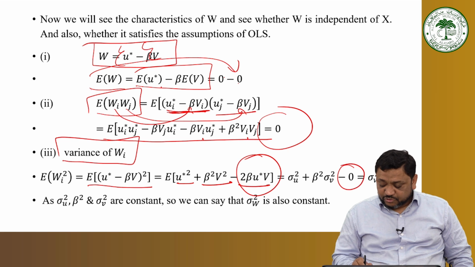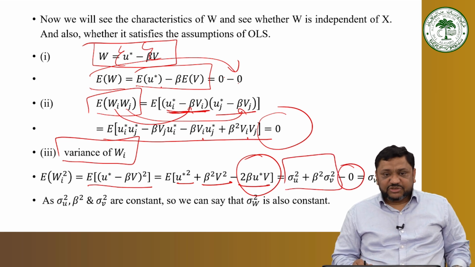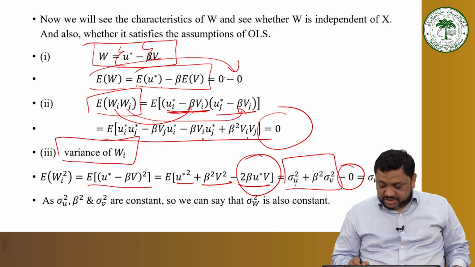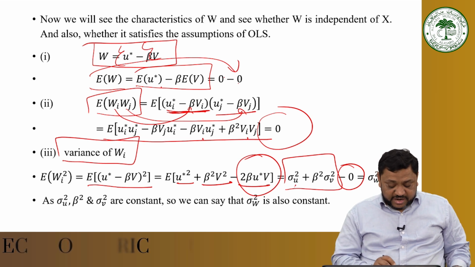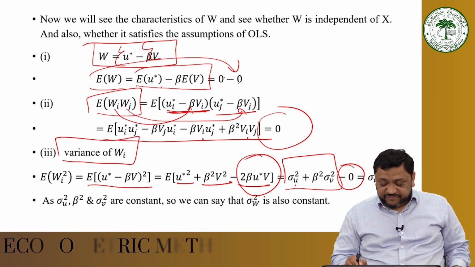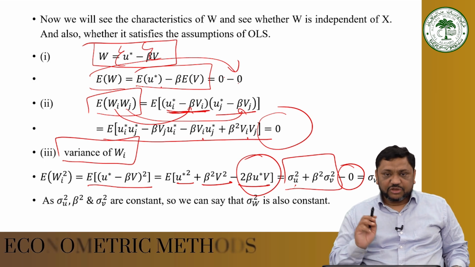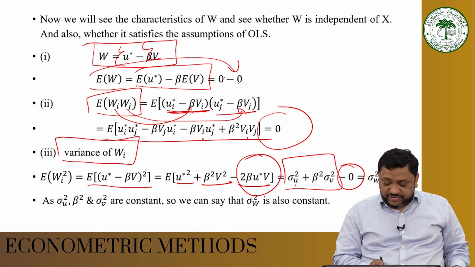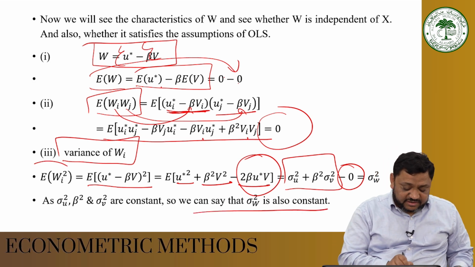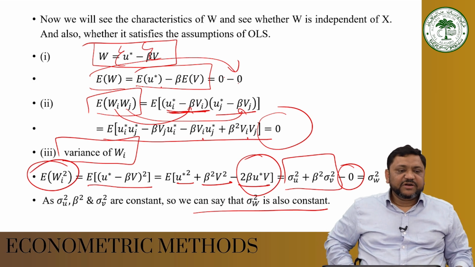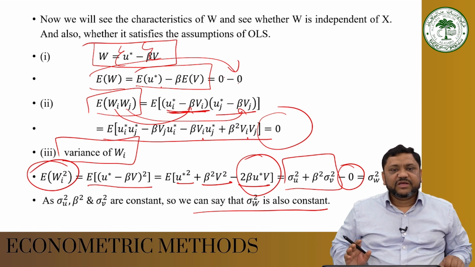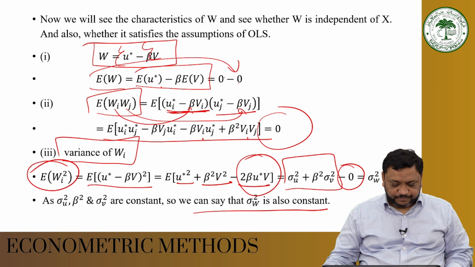So this is equal to 0. What is left? Sigma u square is a constant, beta square is a constant, and sigma v square is also a constant. So we can say that the expected value of Wi square is a constant term.